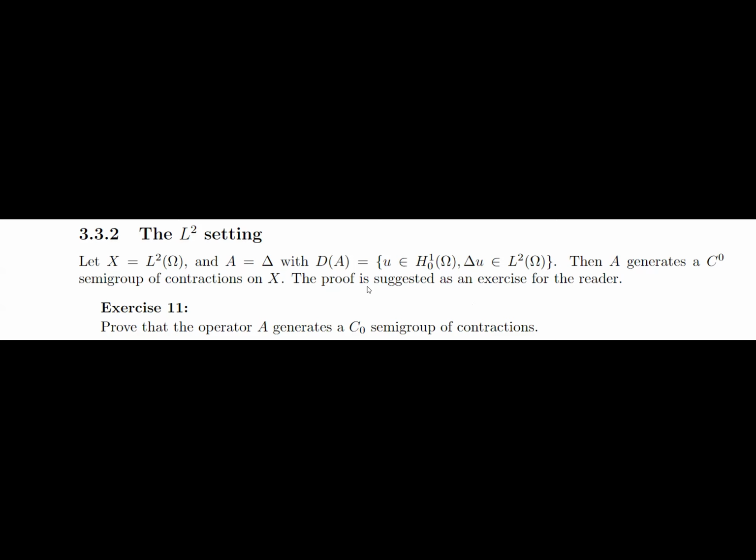First, that minus A plus lambda identity is a projection from D(A) onto L2, and then to complete the proof, we need to prove the estimate on the operator norm of the resolvent.